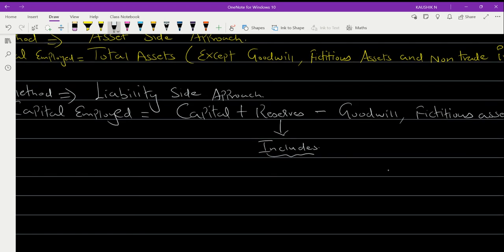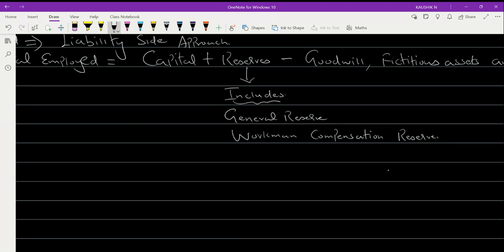So reserve includes all these things: the value of general reserve, the value of your workman compensation reserve, followed by that the value of your investment fluctuation reserve.